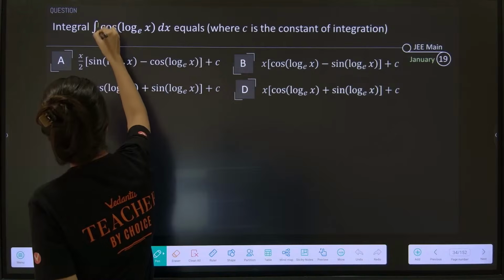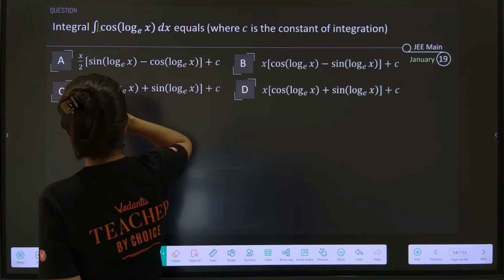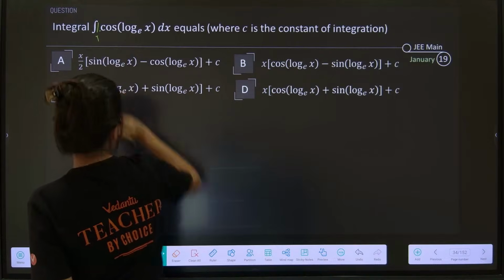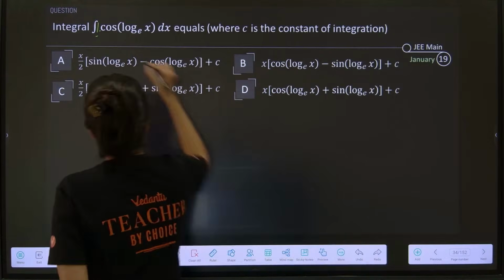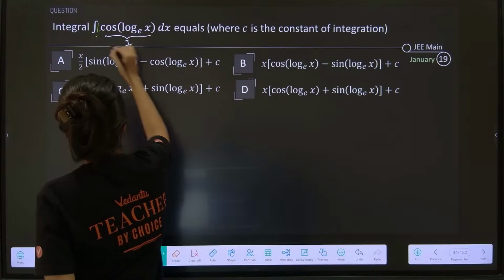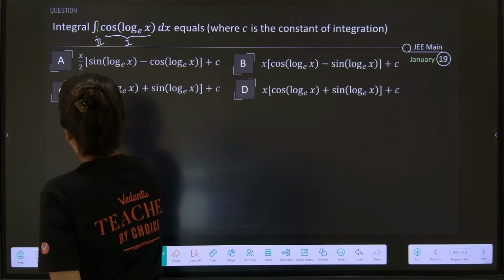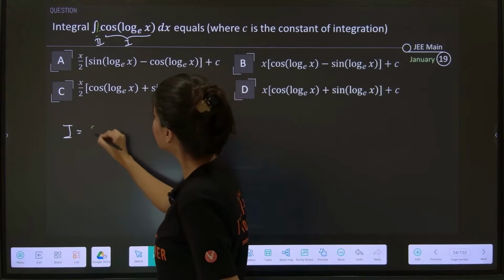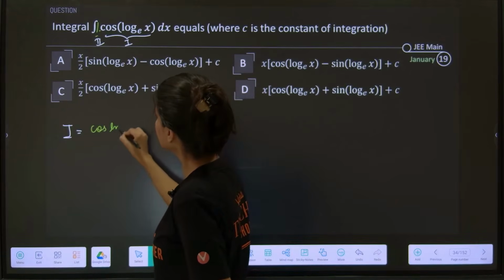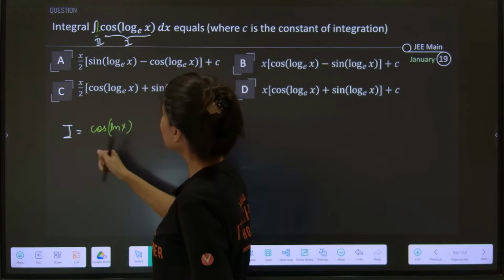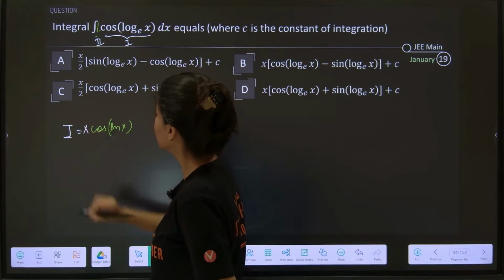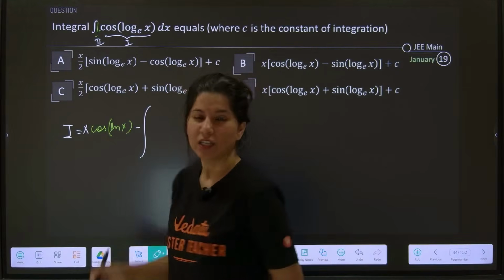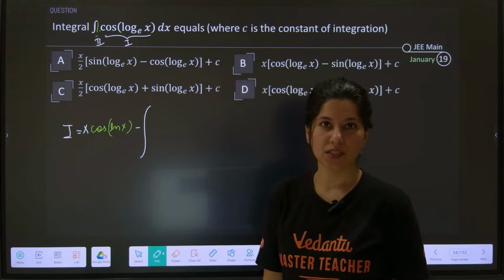Now obviously 1 and dot. Okay, so this is first, oops, this is first and this is second. I is equals to first function constant, integration of second, minus integration of derivative of first function, derivative of cos.